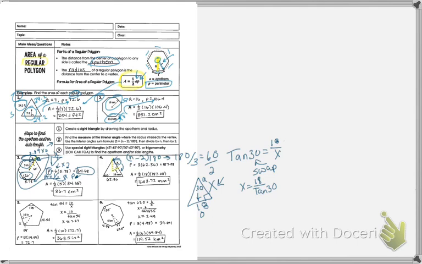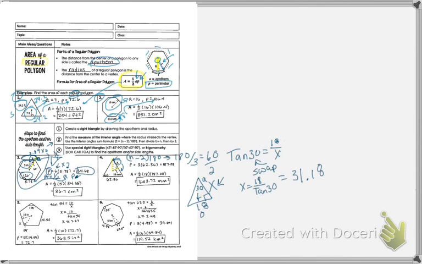Let's plug that into our calculator. In the calculator, we come up with 31.18. That is just one piece of the puzzle.